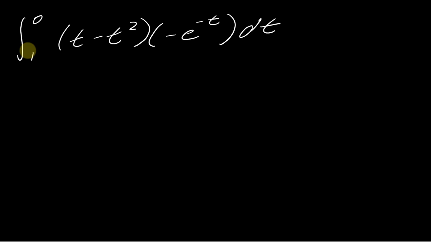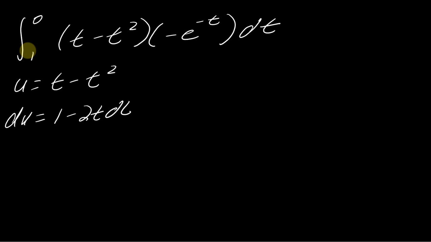Okay, and so now we can go ahead and integrate this. And how do we integrate this? Like I said, this one has kind of got some meat to it. We're going to need to use integration by parts. So I'm going to set my u equal to t minus t squared, and that means that my du will be 1 minus 2t dt.